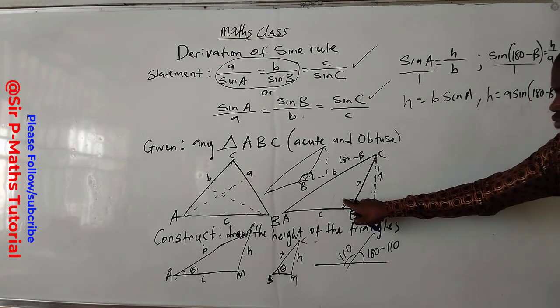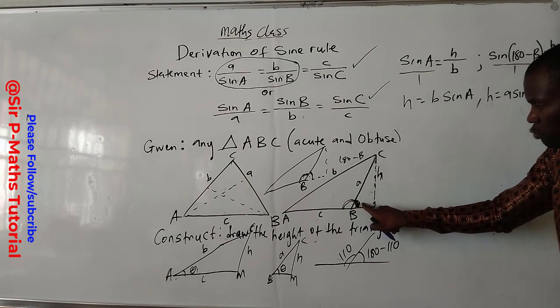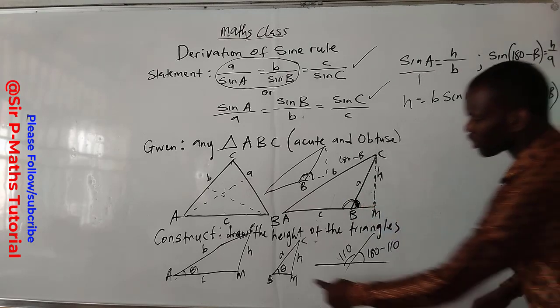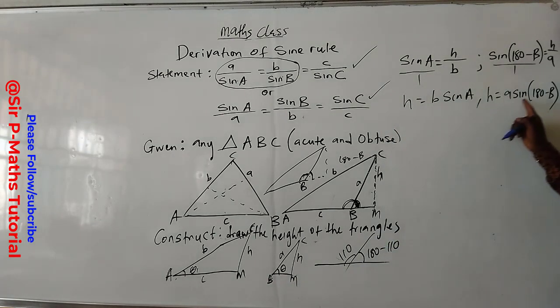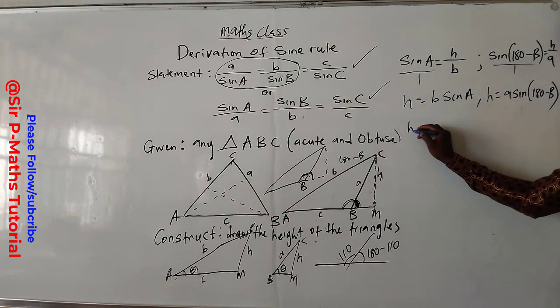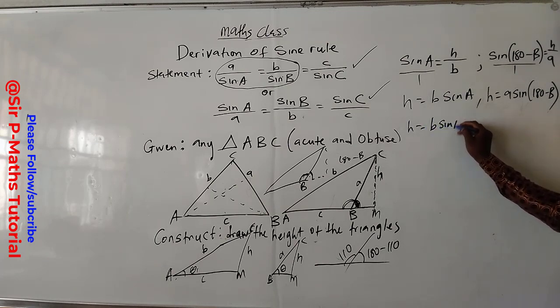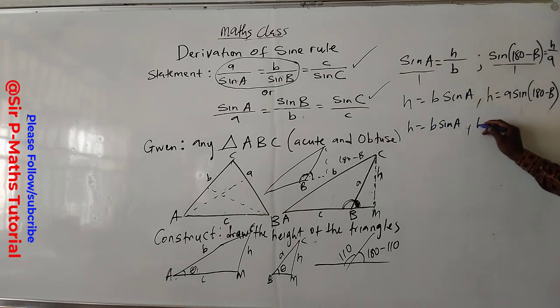If 180 subtracts B, which is the angle here, we'll obtain the angle at this point. But in the second diagram, we also have here as B. So we can replace 180 minus B with B. Therefore, I'll have h equal to b sine A and h equal to a sine B.